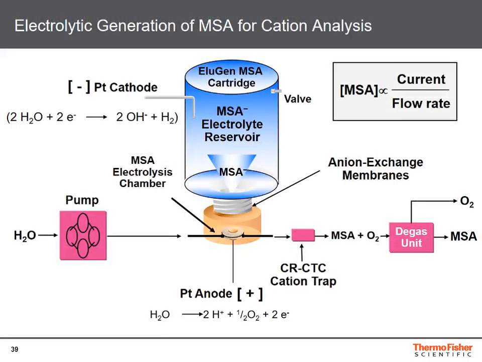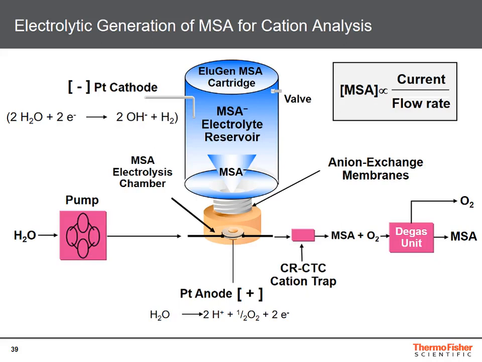Methane sulfonic acid eluents can also be generated electrolytically. Although I don't have any impurity problems, the electrolytic generation of these eluents is always leading to much more consistent results, especially when applying concentration gradients. The schematic setup is shown on this slide.